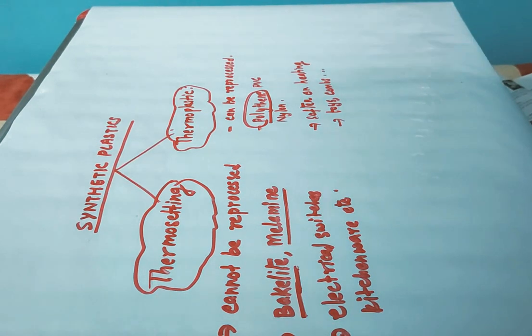So, using plastics is both useful and harmful. It is useful because it is easily available and it is cheaper compared to other materials. It is harmful because it is non-biodegradable and it is not eco-friendly. So, what do you think, should the use of plastic be banned or should it be continued?